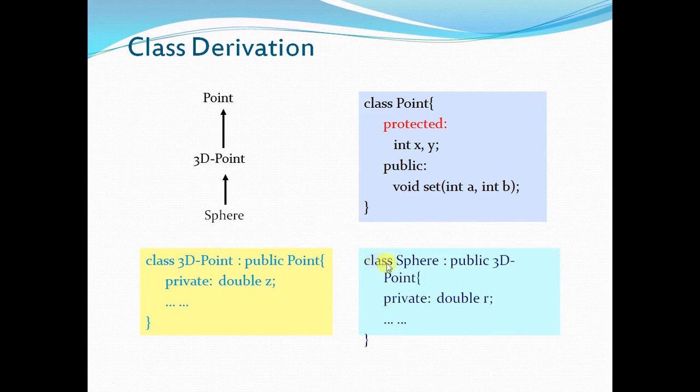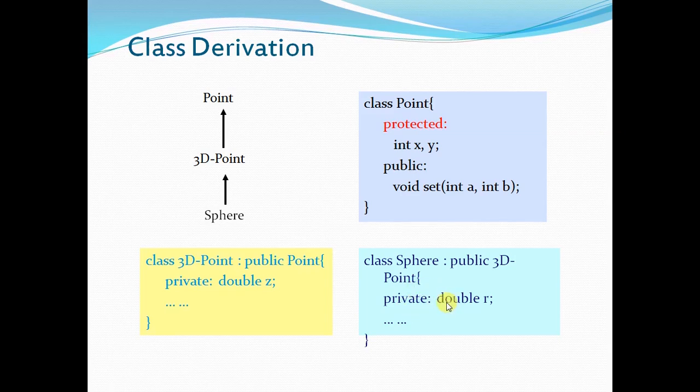Now we introduce another class. The class name is Sphere. That is a derived class of 3D Point. The code is: class derived class name, colon, access specifier, base class name, which also contains a variable which is private.